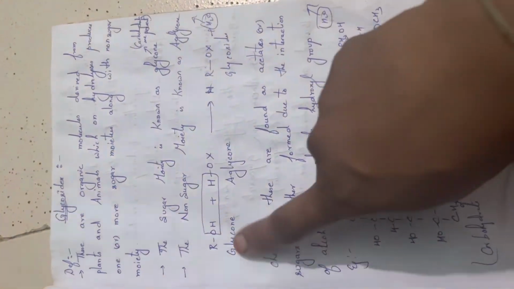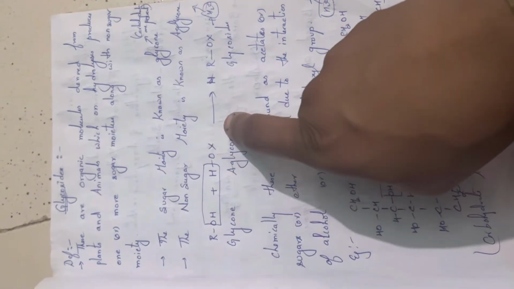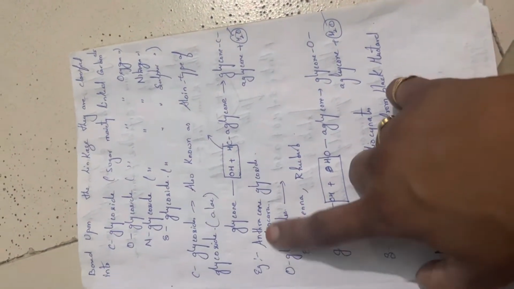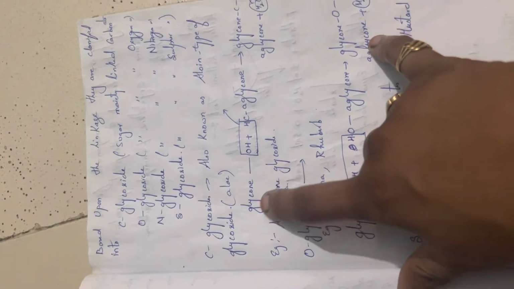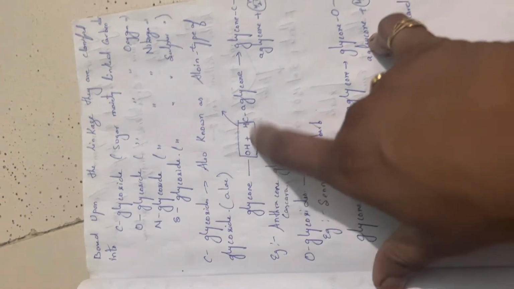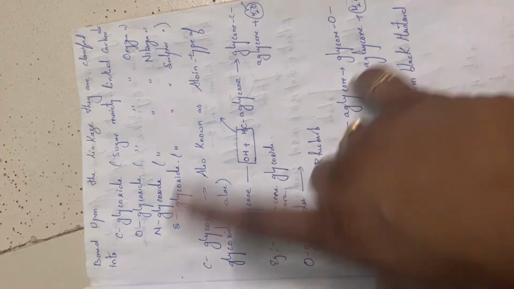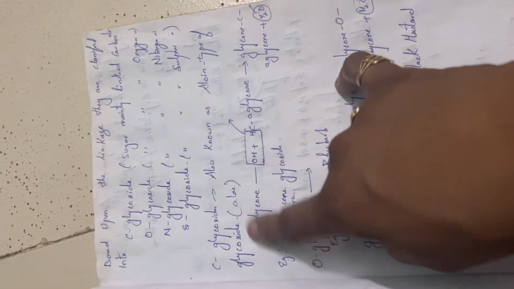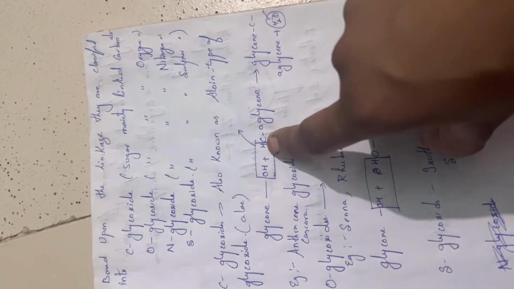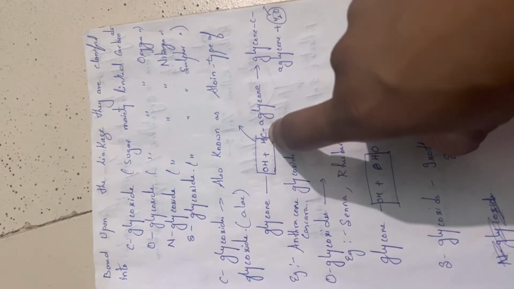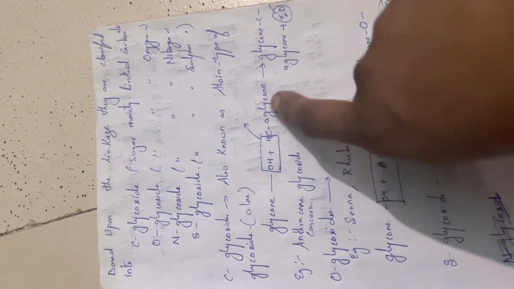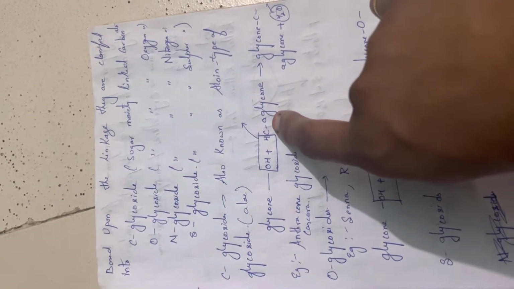Here, the glycone OH plus HC aglycone. Earlier we mentioned ROH, but here we are mentioning glycone OH. Here we have a C linkage.